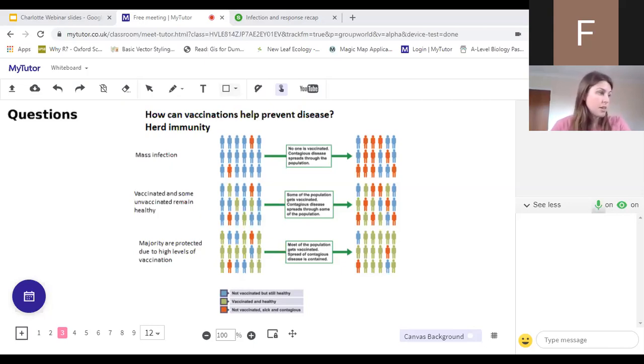So that links to the next question, how likely it is that we can be vaccinated yet still catch a disease. If it's a slightly different form of the disease, then you might catch it. Hopefully, there'd be enough of an immune response for it to be slightly quicker, but it might still be slightly unfamiliar.